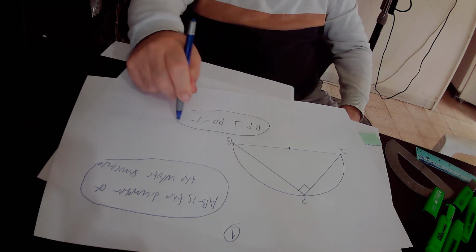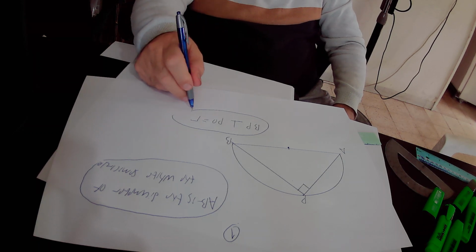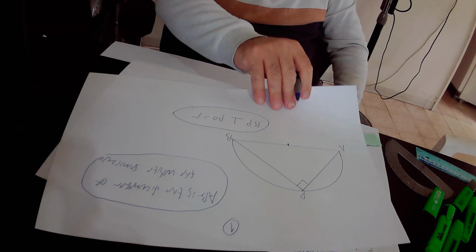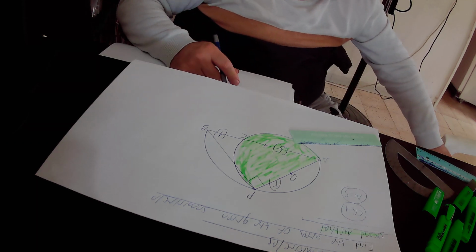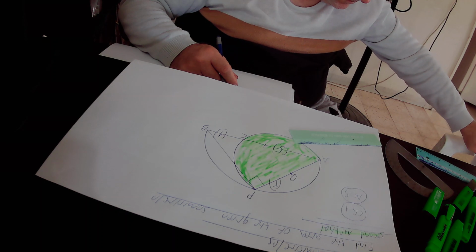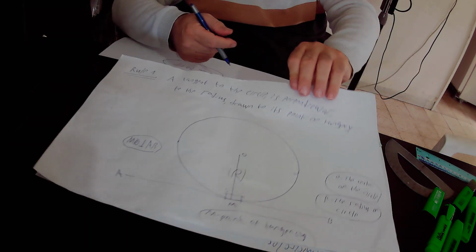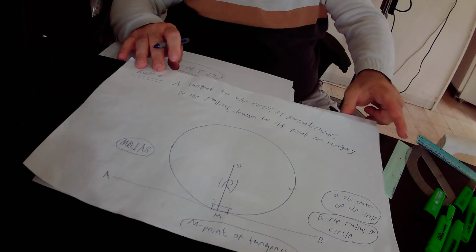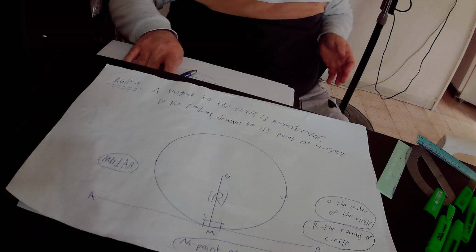Again, BP is perpendicular to the radius PO of the green semicircle. And therefore, we can implement here rule 1. I'll repeat quickly rule 1. A tangent to the circle is perpendicular to the radius drawn to its point of tangency.